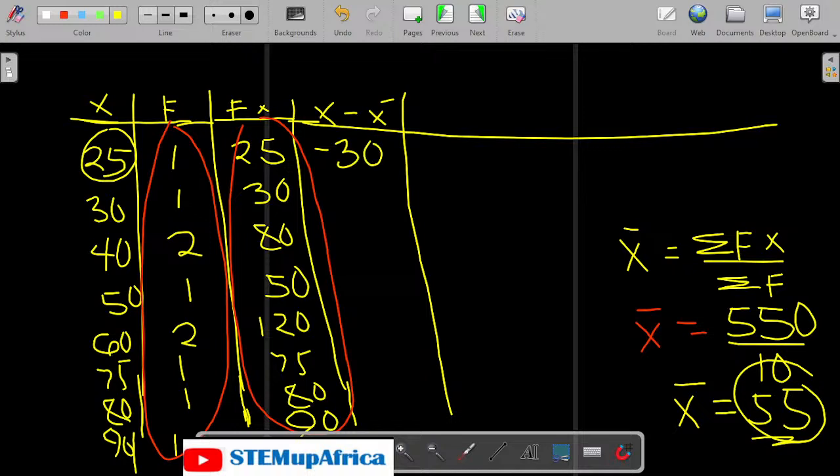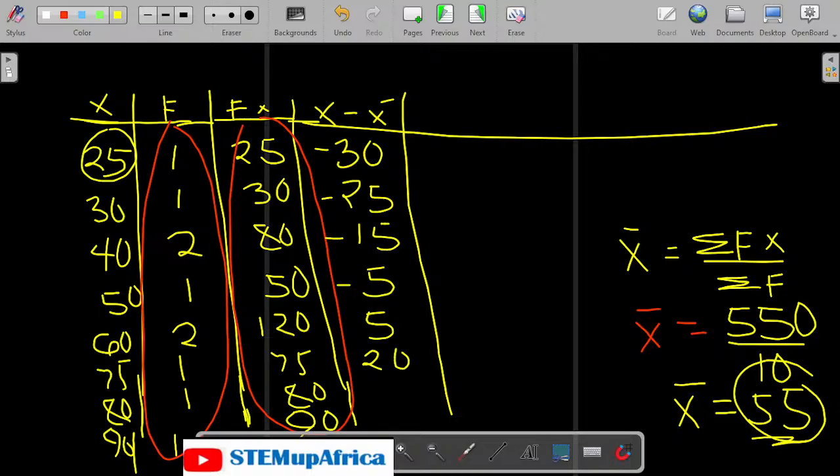Who is the second x? 30. Who's my x bar? 55. I'm going to have 30 minus 55. That will give me minus 25. You also do the rest. That will give me minus 15. Here will give me minus 5. Here will give me 5. 75 minus 55 will give me 20.